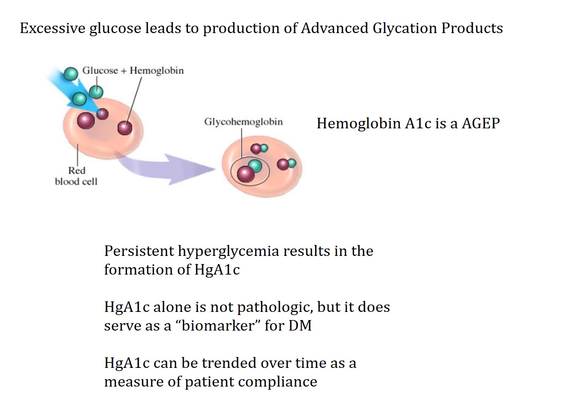Hemoglobin A1C in and of itself is not pathologic. The red blood cell still works just fine with that hemoglobin A1C, and it can bind oxygen. Hemoglobin A1C is just normal hemoglobin with glucose stuck onto it, and we can measure that in blood, and we can use that as a diagnostic marker for diabetes mellitus.